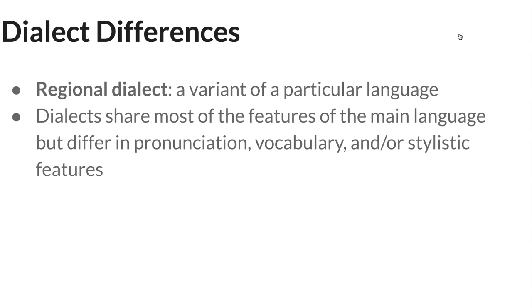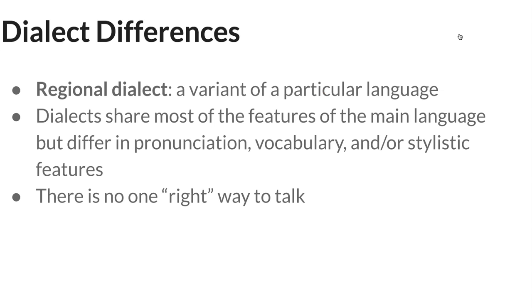There are some really cool YouTubes about the Scottish dialect that you might want to check out, right? Because in America, we like to talk about our own dialects, but it's important to remember that dialects are everywhere. Sometimes they can be really hard to understand going from dialect to dialect.